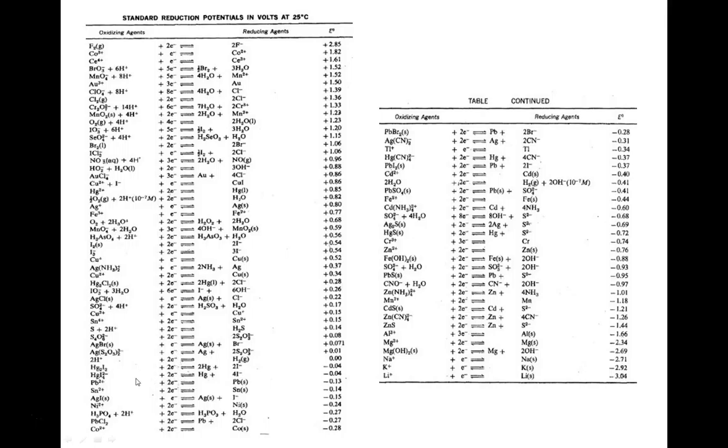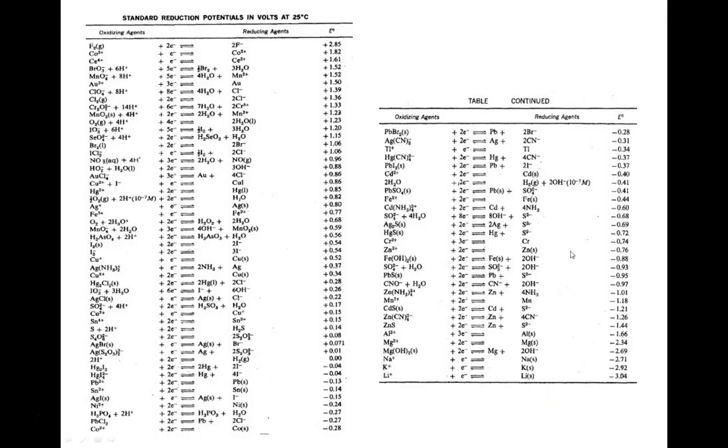And chemists decided at some point that this particular equilibrium between hydrogen ions and hydrogen gas will be selected as the standard, and then all these other half reactions, which can be constructed as half cells, would be hooked up to this particular one, and then the difference in potential can be measured in volts. Now the construction and operation of this standard hydrogen electrode will be discussed separately in a separate video.